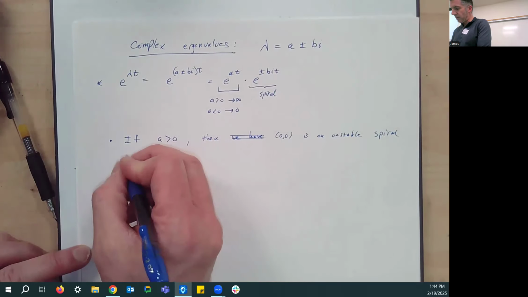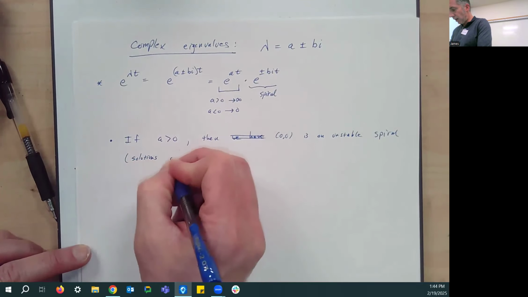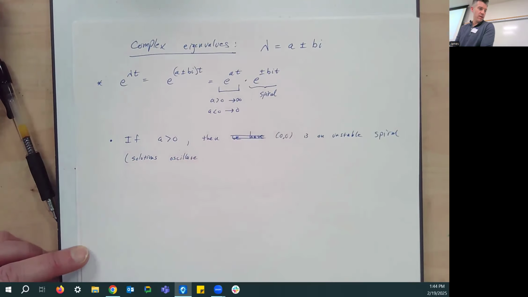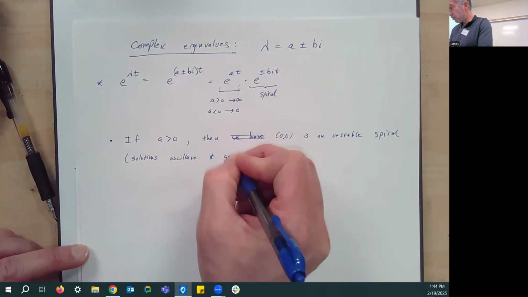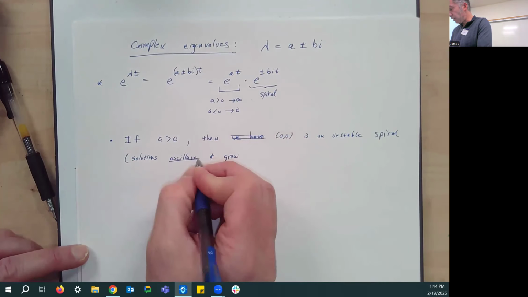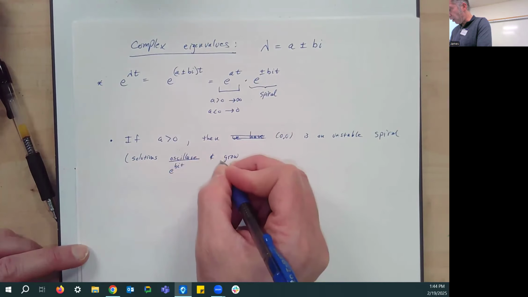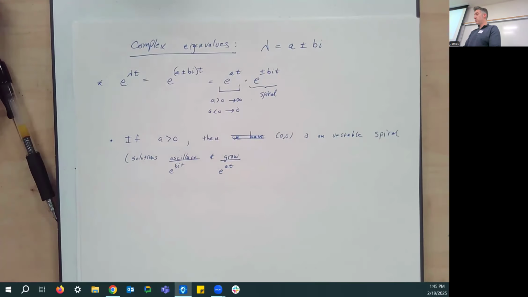So another thing about this is solutions oscillate because of the imaginary part, or spiral, and grow. Right? Oscillate because of the e to the bit, grow because of e to the at, where a is positive.